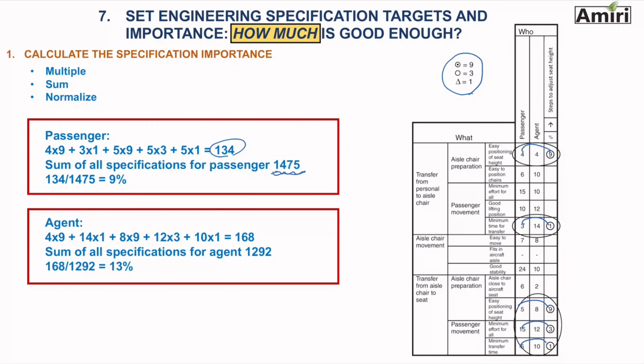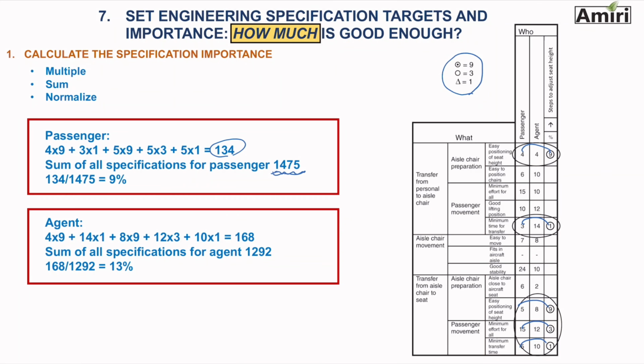And on the bottom you see the number 13 for the agent. So you can go through the rest of the columns, do some calculation, and check the numbers. For example, for the specification force to adjust, we have 8% for the passenger, we have 11% for the agent, and so on.